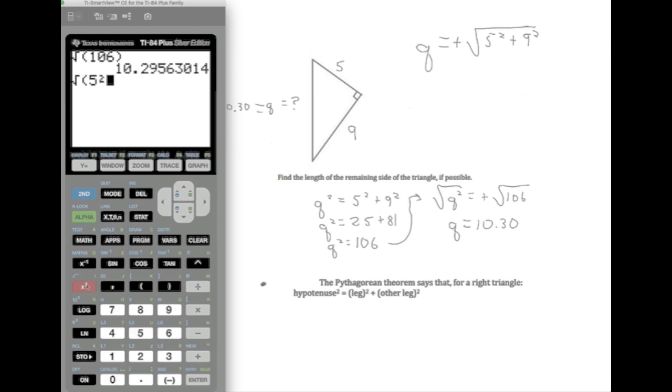Square root of 5 squared plus 9 squared. And these parentheses tell the calculator that the whole thing is one square root, and that would give us the same answer.